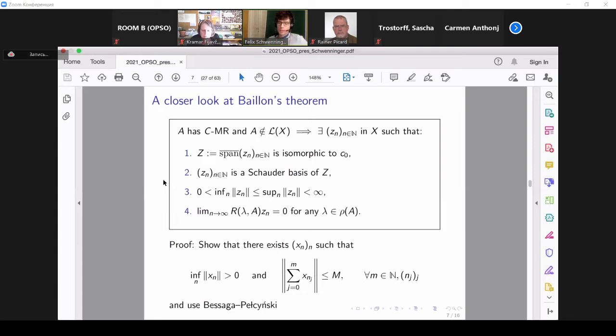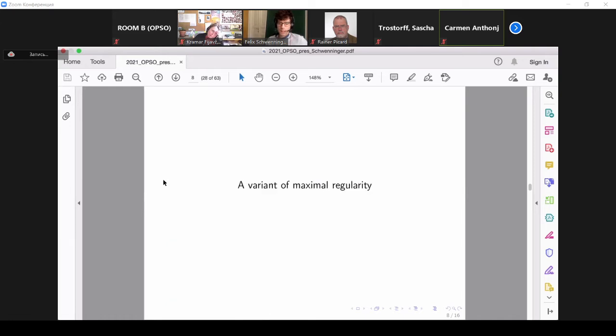So you have a sequence and you take any subsequence of it and you sum over this subsequence, and this should remain bounded by a universal constant M. Right, so this is how this is proved. And the question of course remains here, how to choose the x_n depending on the semigroup or the semigroup generator A. Well, this is what you have to do.